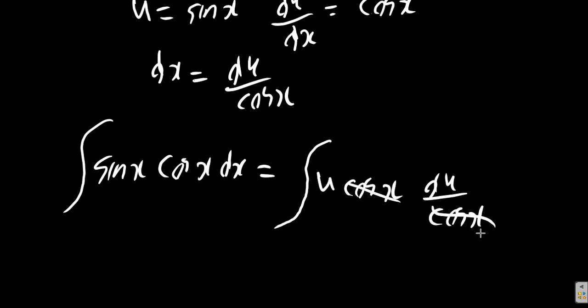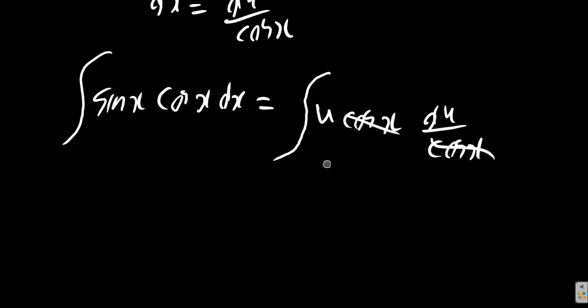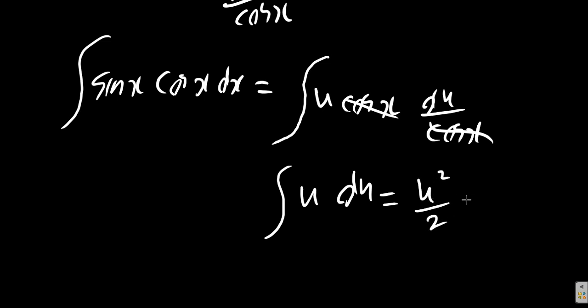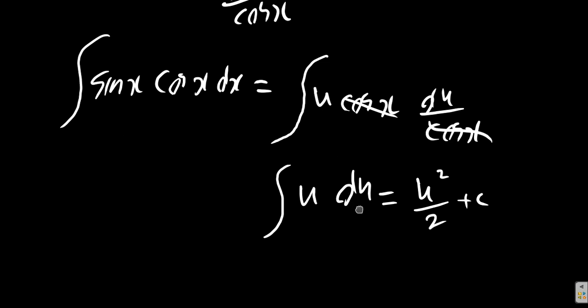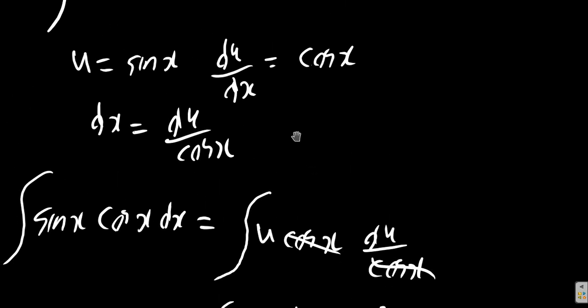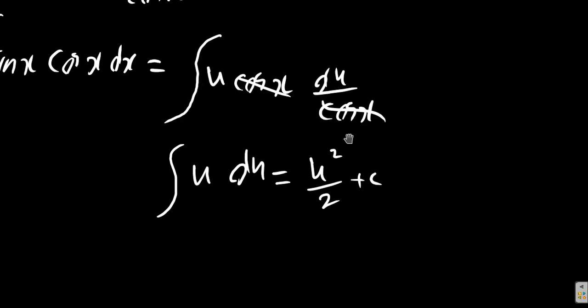Now cos x cancels cos x, so what we have is the integral of u du. What is the integral of u du? It is u squared over 2 plus c. What was u again? u is sin x. So we have sin squared x divided by 2 plus c.